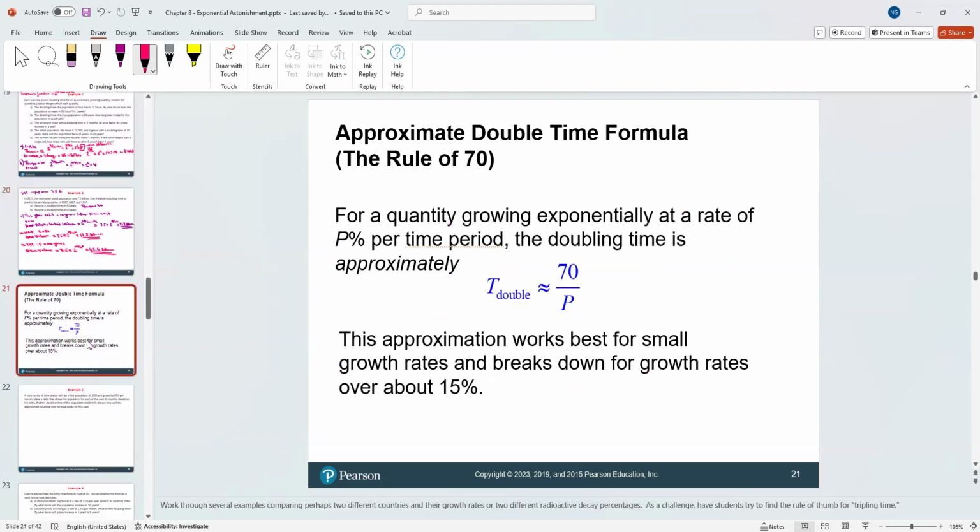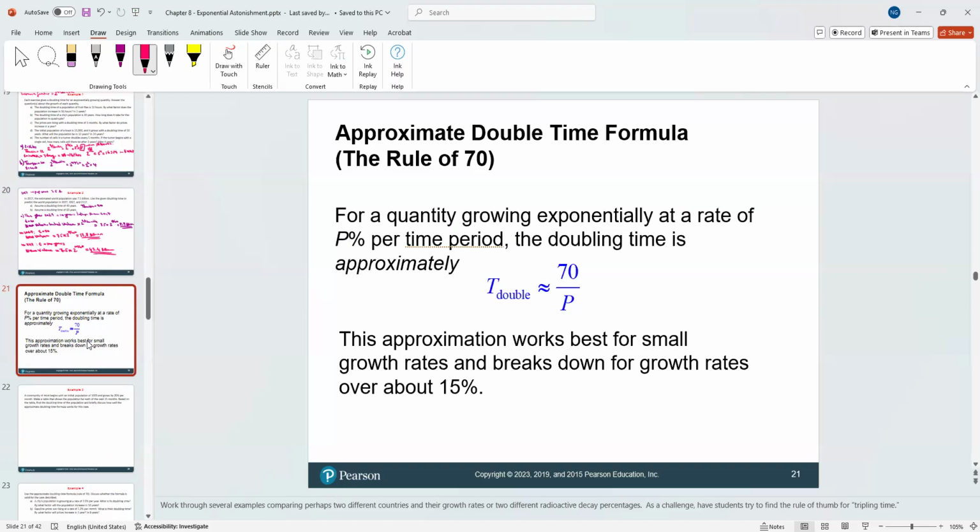Other questions to ask are about the approximate time formula. There is a very important rule that we consider. We call it the rule of 70. It's a formula in which the doubling time is approximately 70 divided by the percentage growth.